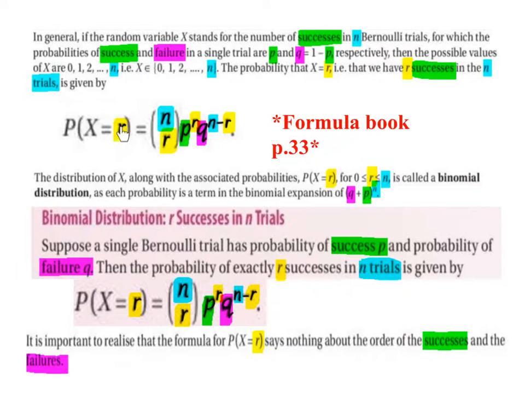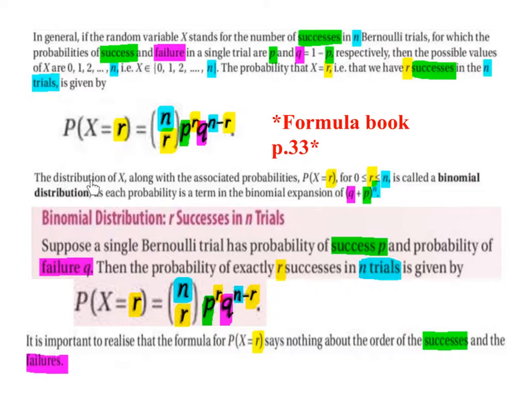So whatever your X value is, that becomes the number on the bottom of your choose function, and it also becomes the power of P, and you subtract the r, which is the X value, from the n for the power of Q. So that's how this formula works, and this is on page 33.